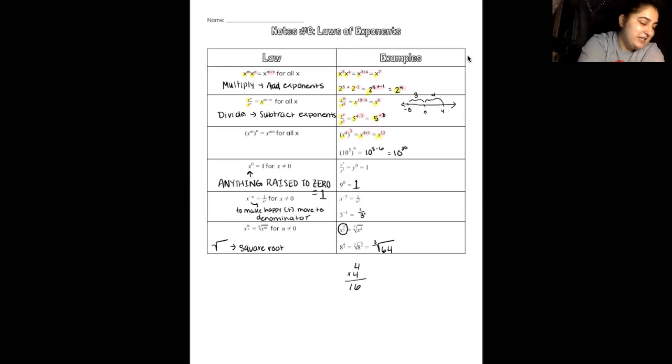And if I do 16 times 4, I get 4 times 1, which is 4, plus 2, which is 6. So I get 64. The number that has to be multiplied by itself 3 times to give me 64 is just 4. So 8 to the 2 over 3 really just equals 4.